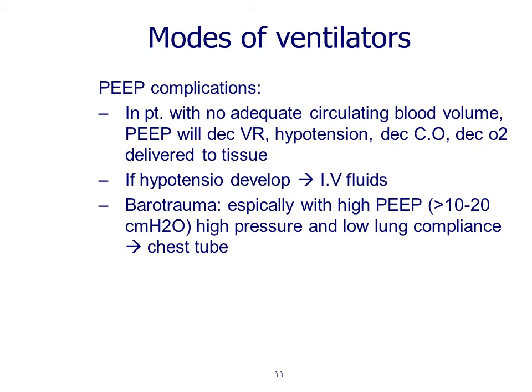In case of hypotension, we can provide the patient with IV fluid. Also, with increased PEEP, especially if the PEEP increases up to more than 10 to 20, barotrauma may be induced by the high pressure and low lung compliance, and at this time we may need a chest tube. Barotrauma damage to the tissues نتيجة الهاي PEEP.